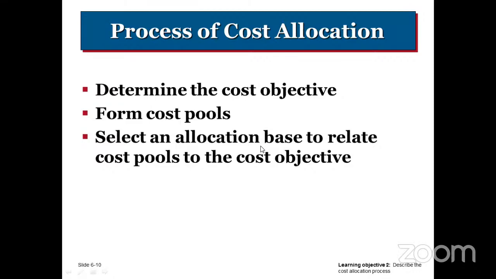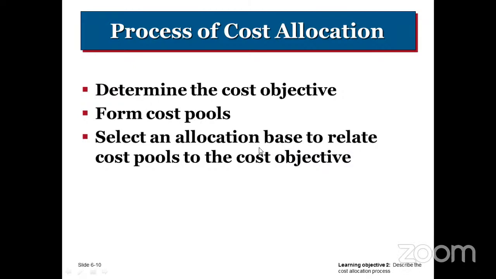That means for one machine I produce, I need to charge my overhead cost of $10 per machine. That's the reason we call it allocation base, to relate the cost pool to the cost objective.